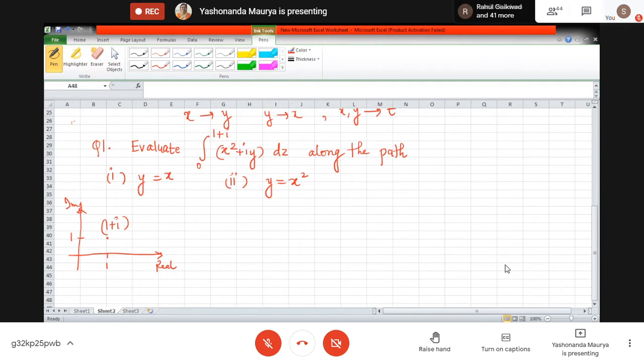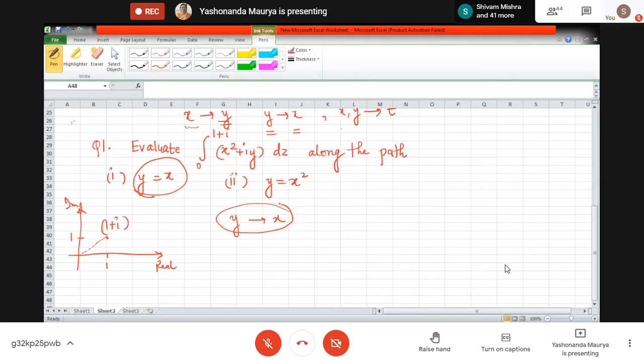When we move along the line y is equal to x, we directly reach this particular point. As I have said, either we can express x in terms of y, or y in terms of x, or both of them in terms of another variable. Any of these three things can be done. Let us replace the y variable by x.